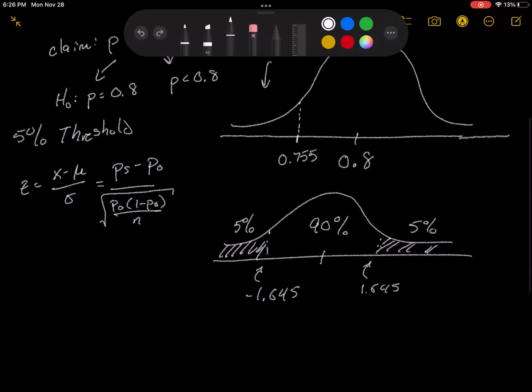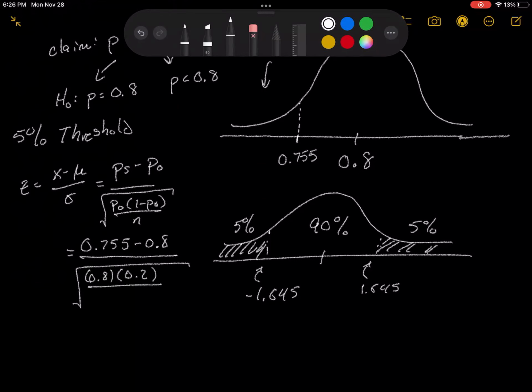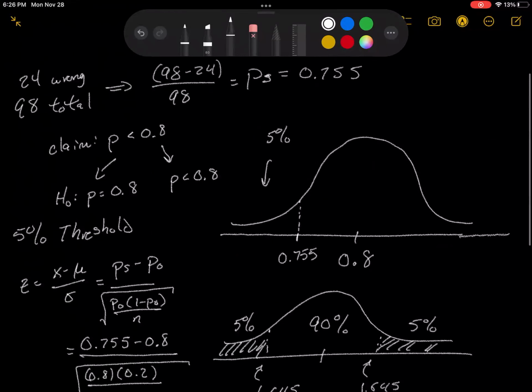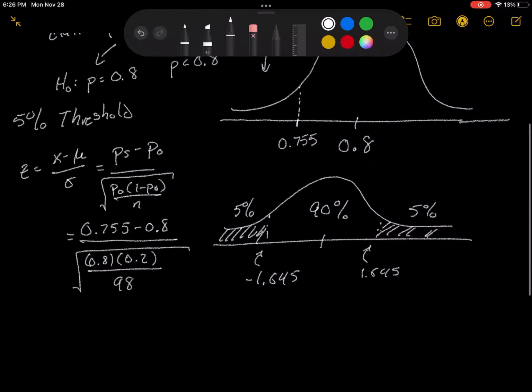So here, our sample data was 0.755. The null hypothesis is 0.8. And those are all the pieces of the puzzle that I need to figure out this z-score. N was 98. We measured 98 total lie detectors.